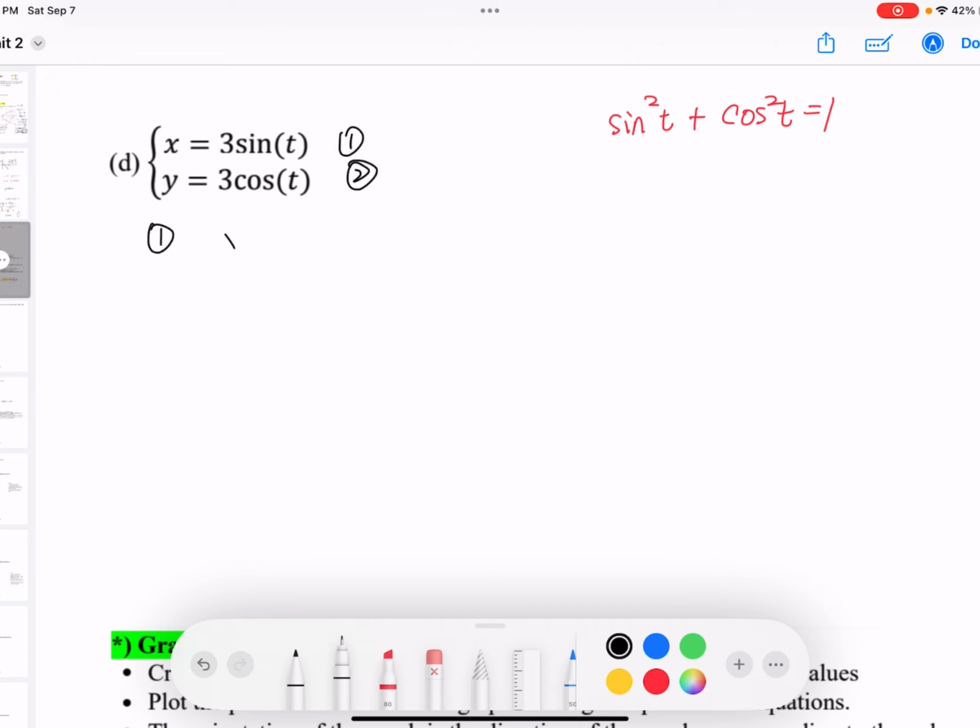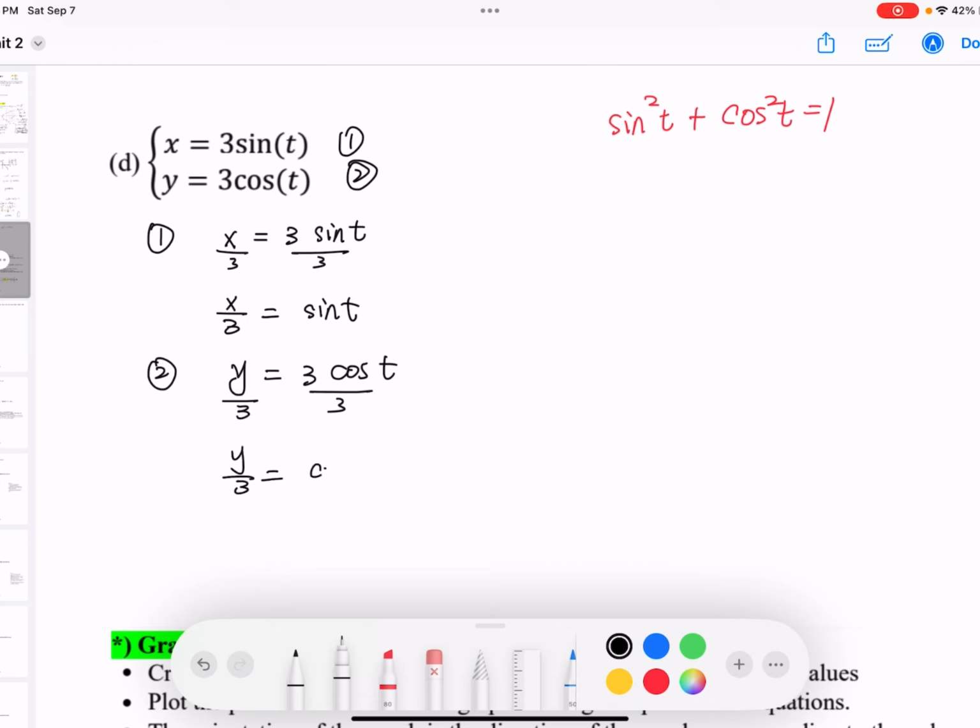From the first one, x is equal to 3 sine t, divided by 3 on both sides. So x over 3 is equal to sine t. From the second equation, y is equal to 3 cosine t. Divided by 3 on both sides, we have y over 3 is equal to cosine t.